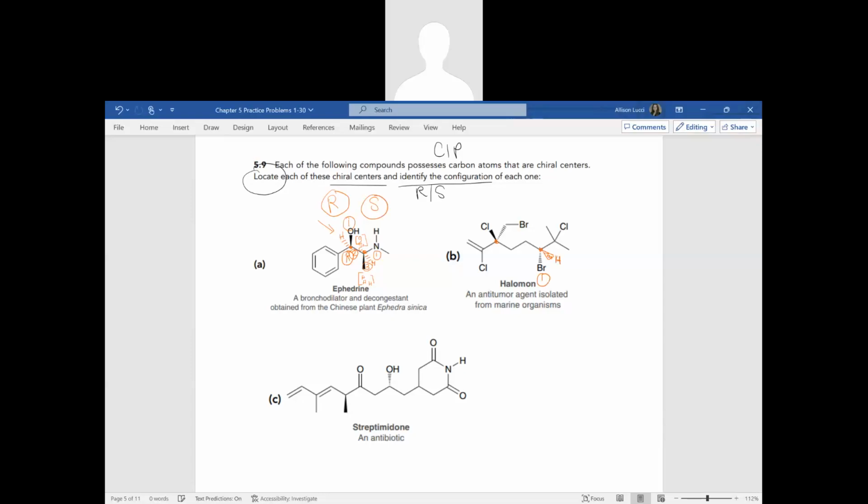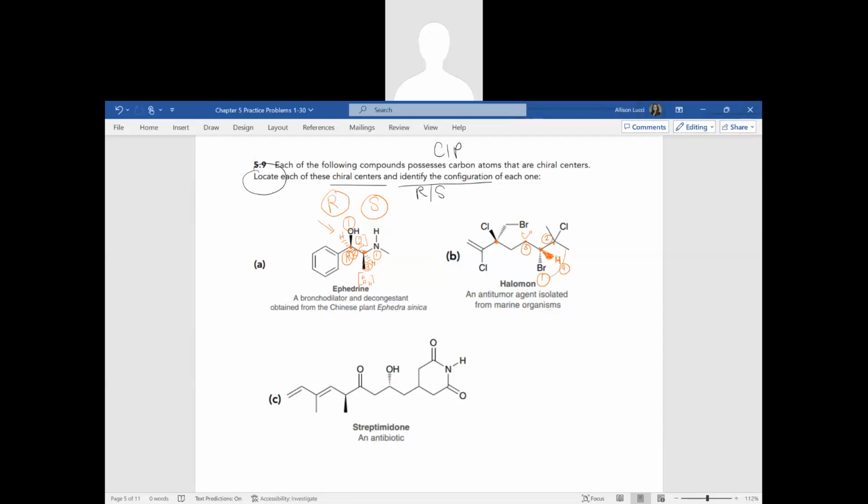So whatever determination we make for this, we know that it's going to be the opposite. So we will invert our configuration at the end. So that's our group 4. This is going to be our group 2 over here. We know that because the carbon that we're bonded to has a chlorine attached to it. And then over here, we just have hydrogens. So this would be my priority 3.